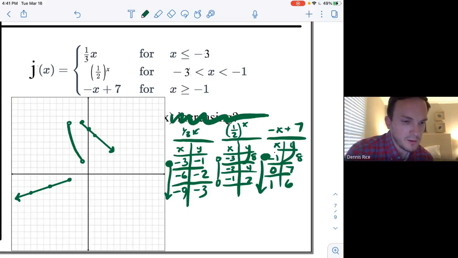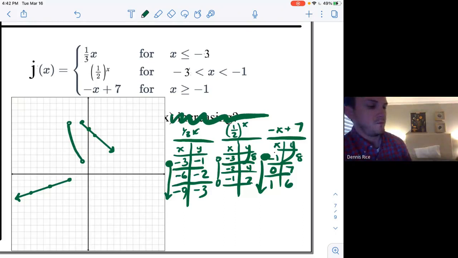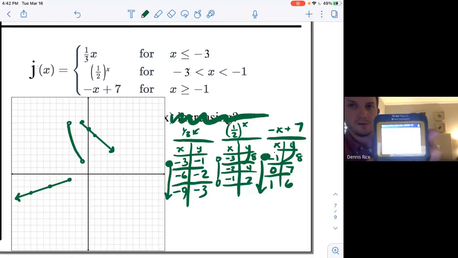Lucas, is that Lucas? Go ahead, Lucas. Yeah, how do you make fractions on the calculator? So there's a few ways. The way I do it, someone had a better way, but it didn't work on mine. If you hit alpha, y equals, you get a screen that says ND. I'm not going to switch to my calculator to show you, and then you should be able to type in fractions.